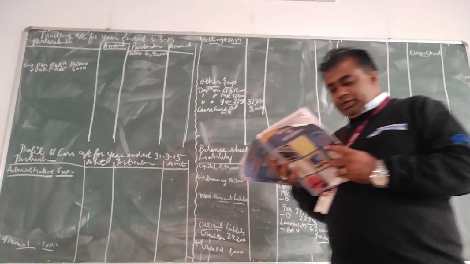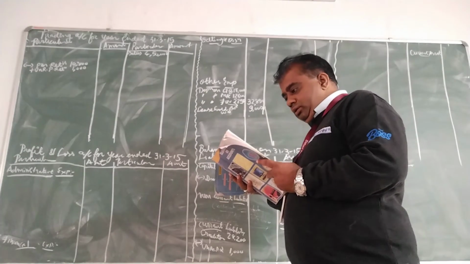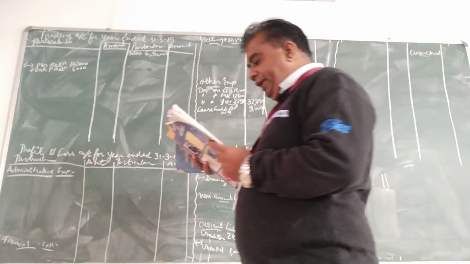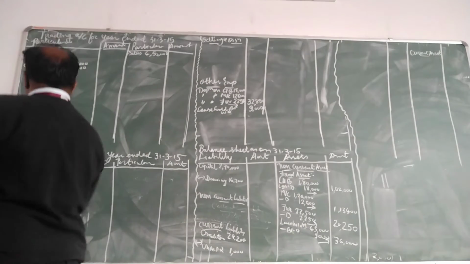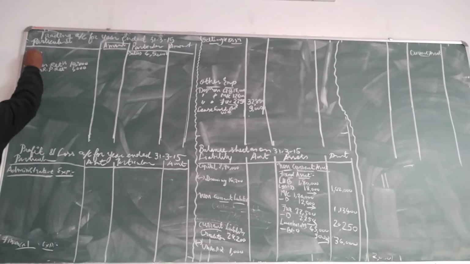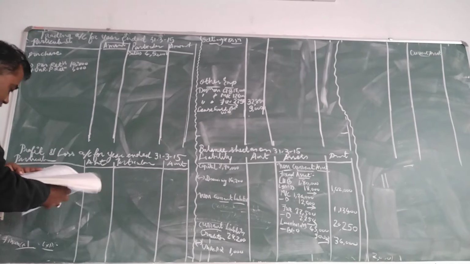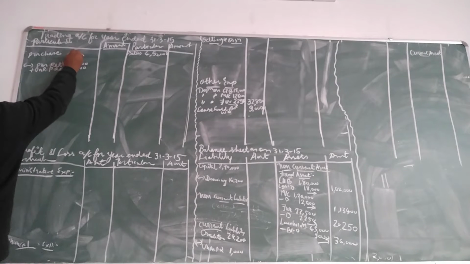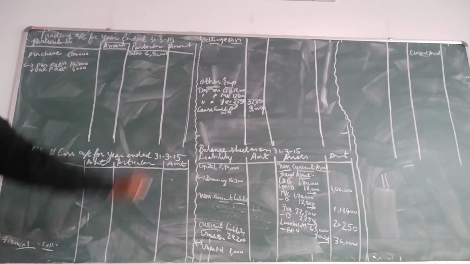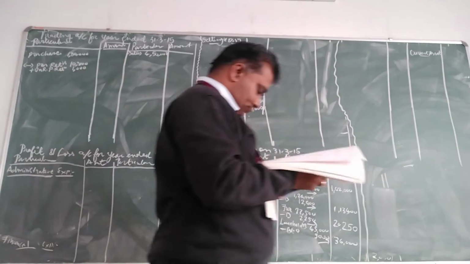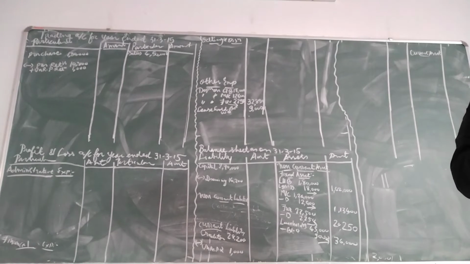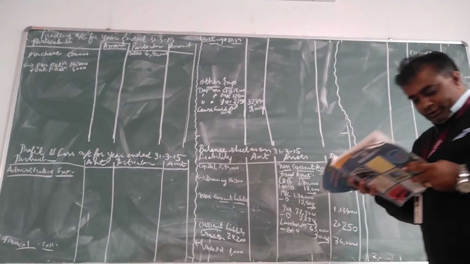Simultaneously we record also purchase. So here what is the purchase? Purchase is 1,80,000. Okay. So we record here purchase, 1,80,000. Now read the adjustment for the purchase. Second adjustment.